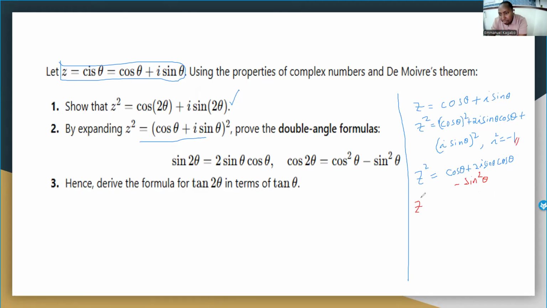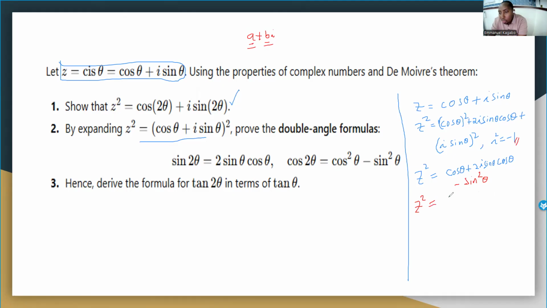So what's Z squared now? I need to put the real part together and imaginary part. As you know, for every complex number, for instance, if I say a plus bi, this is your real part and this is your imaginary part.